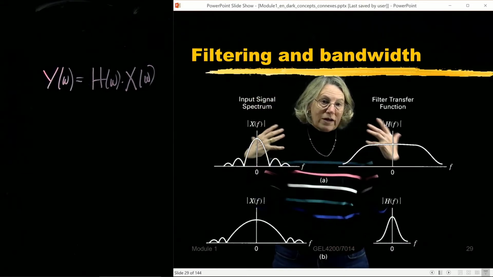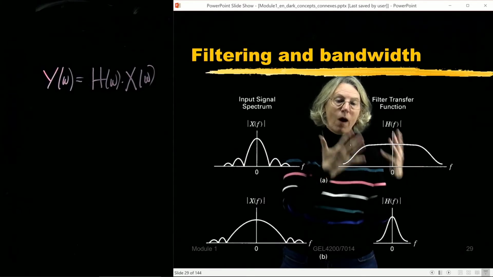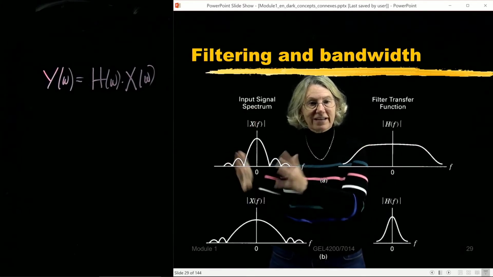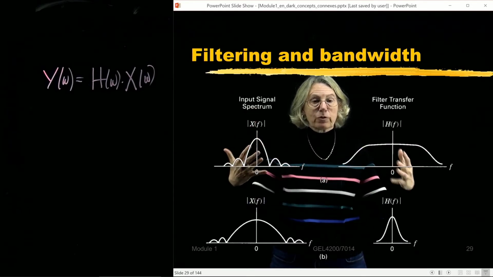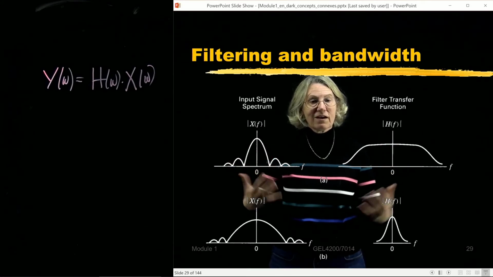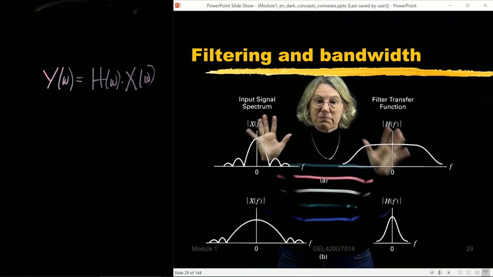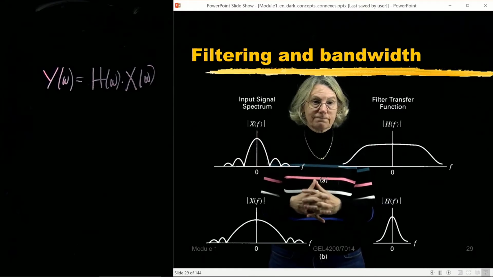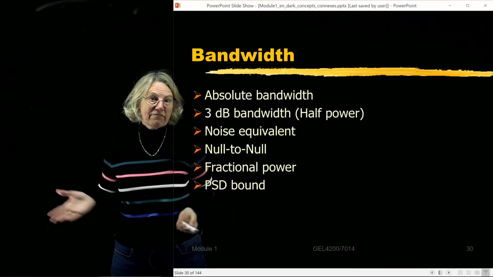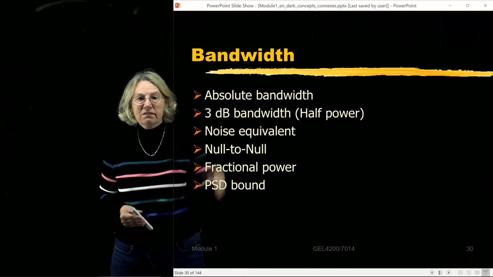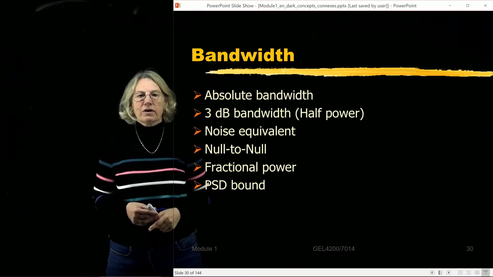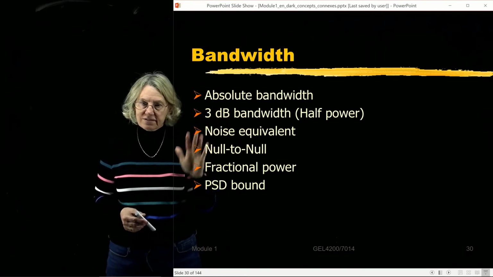If we want to say, is my channel wide enough to accommodate the signal that I'd like to pass through it, I have to be able to identify the bandwidth of the signal and the bandwidth of my channel, and try to keep them as close to one another as possible. So I'm going to be giving you several definitions of bandwidth. This is summarized here. We're going to start with absolute bandwidth, easiest to define.